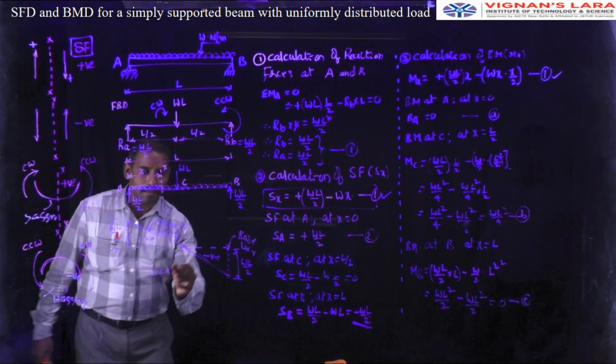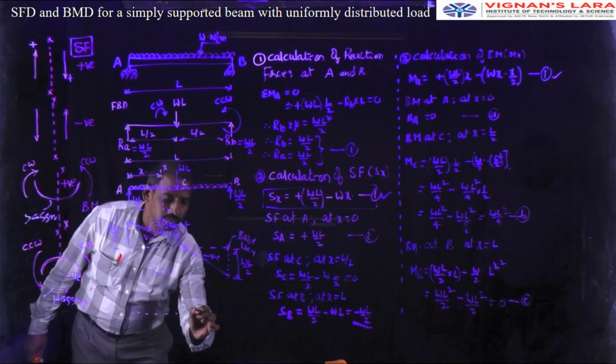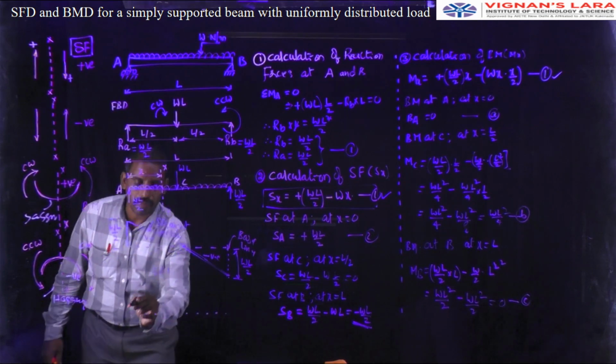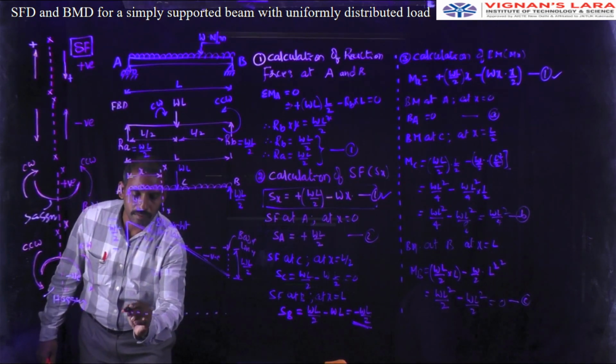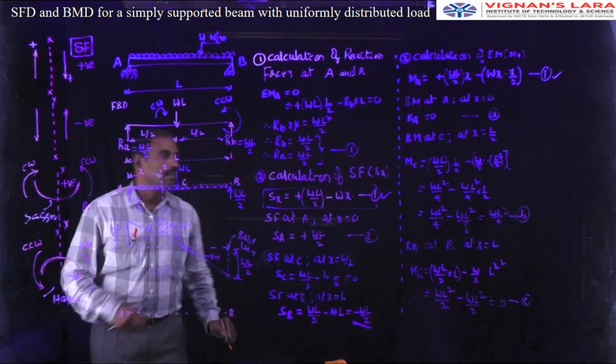Again, this is the baseline. All the values are positive. What about the value at A? That is 0. What about the value at B? That is 0. What about the value at C?